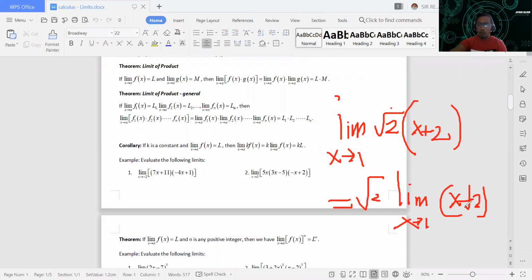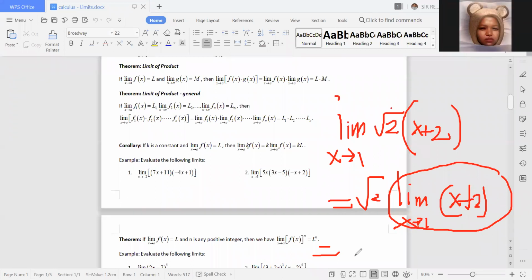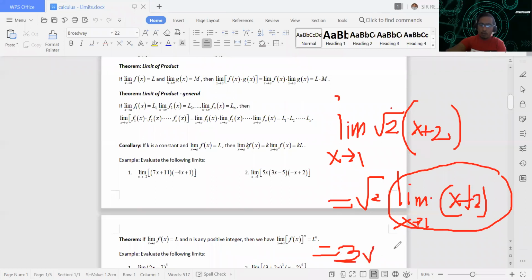And we know how to get the answer of this. What is the answer for this portion? Anyone? 3. So in that case, your answer should be 3 times the square root of 2, so it is 3 square root of 2. And that is the final answer. Meaning, the constant can be brought out. Okay?